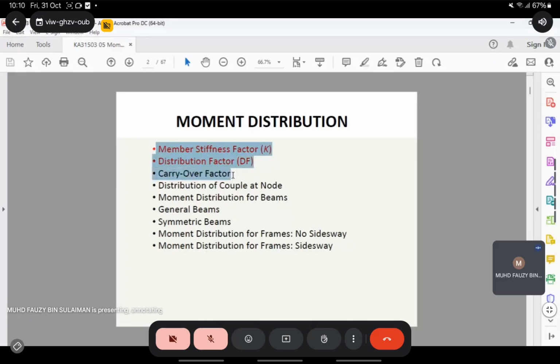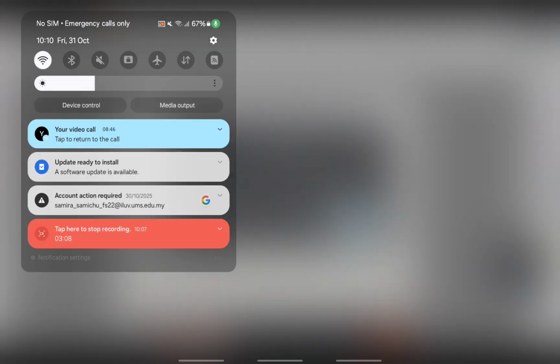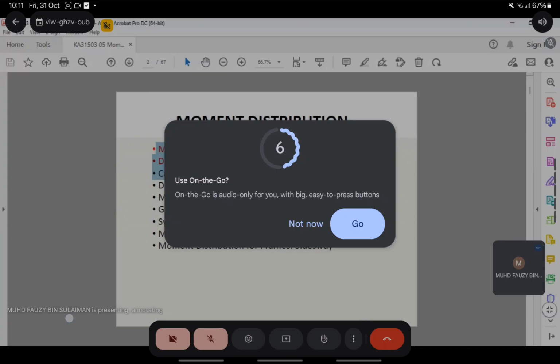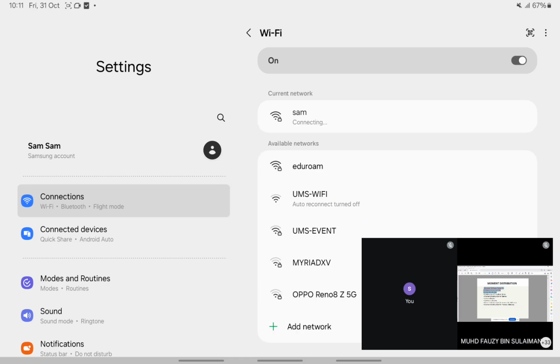Three things that you should consider in order to solve the structure, using the shape and dimension of the members, whether it is a general, sideway or non-sideway frame.